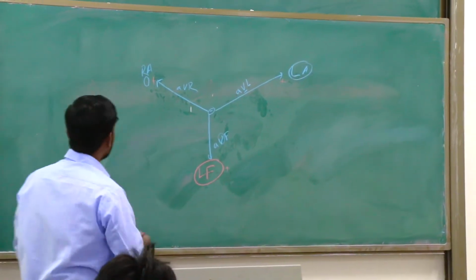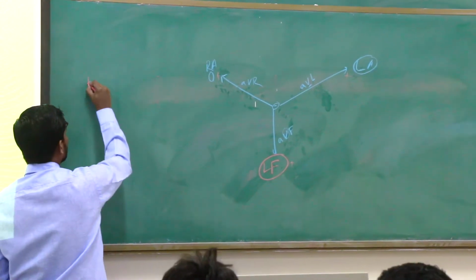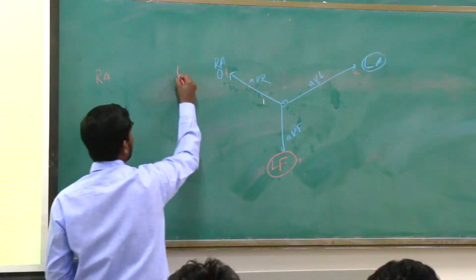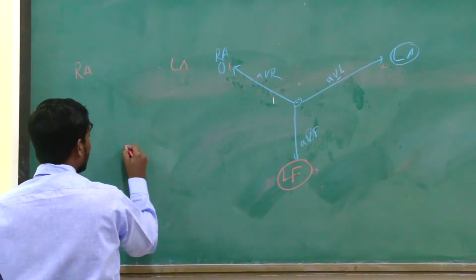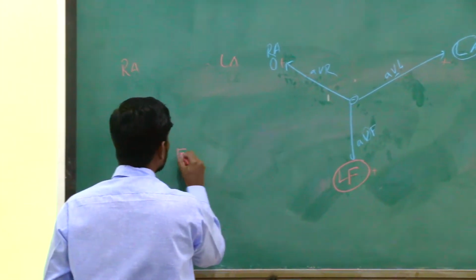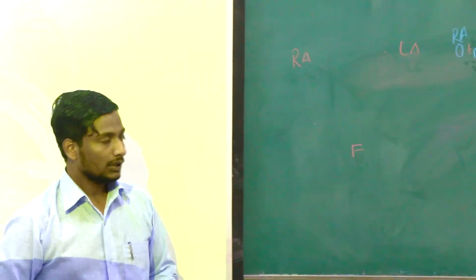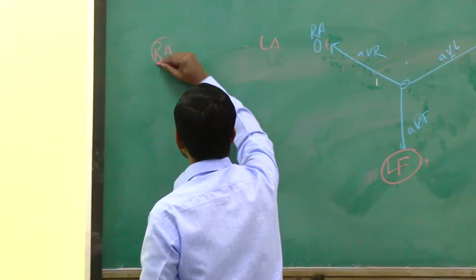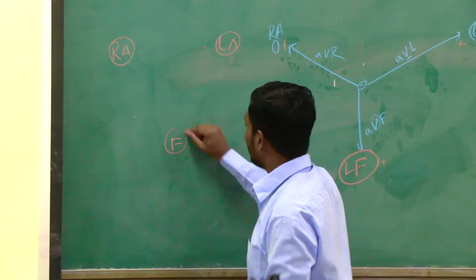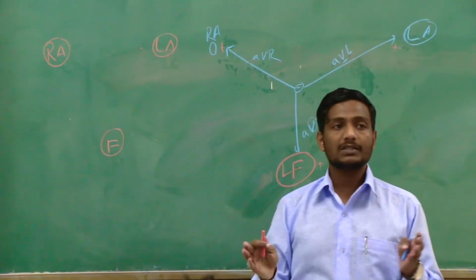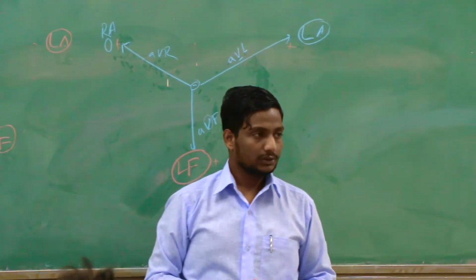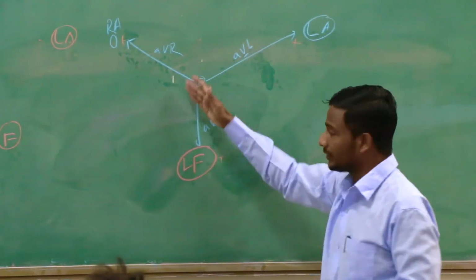At the same time, if I put again these three electrodes here, suppose that this is the right arm, this is the left arm, and this is the foot. So now I'm not going to write it left foot, I'm simply going to call it foot. So remember that these electrodes are designed in such a way that they also can behave as bipolar. Right? When they are behaving as unipolar, we just have found it.